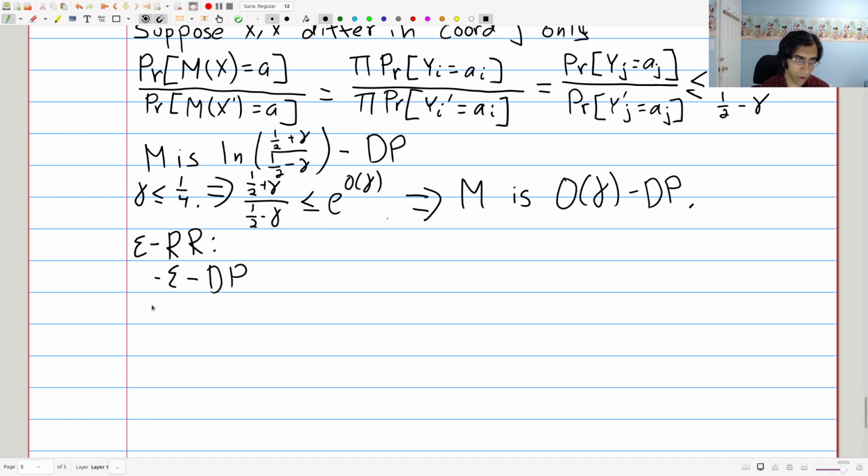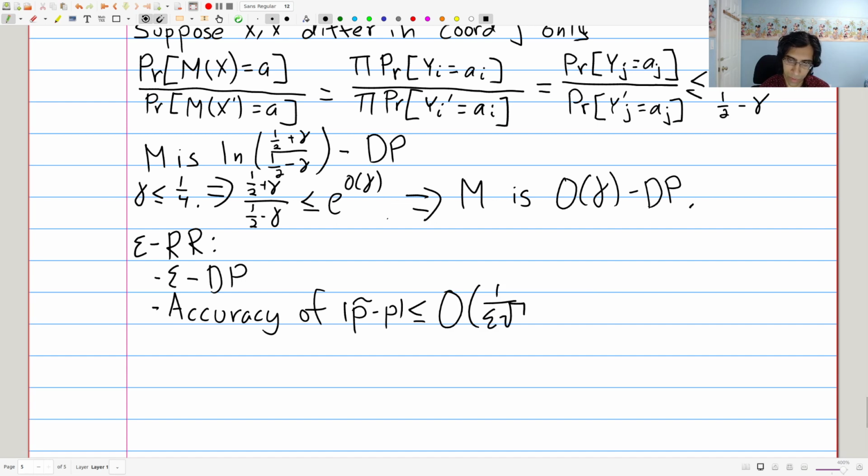And this is just recalling from earlier the accuracy, in terms of how well it allows us to estimate: |p tilde minus p| is less than or equal to O of 1 over epsilon times square root n. Okay, so that's not bad. We have a privacy guarantee and an accuracy guarantee. These are both things we're going to want when we're doing private analysis of algorithms.